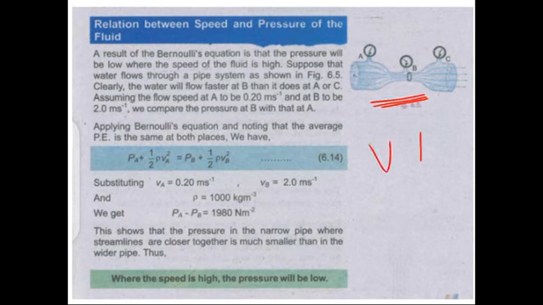So with the help of the Bernoulli equation, PA plus half rho VA square is equal to PB plus half rho VB square. Now you are thinking why the potential energy term is neglected.